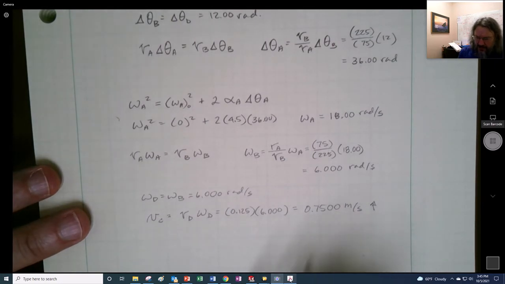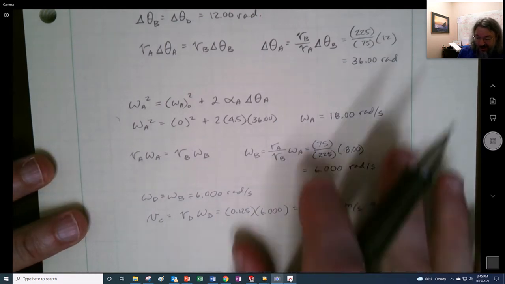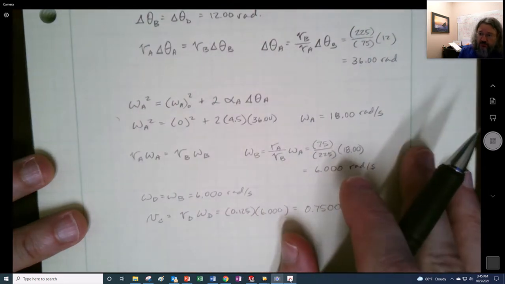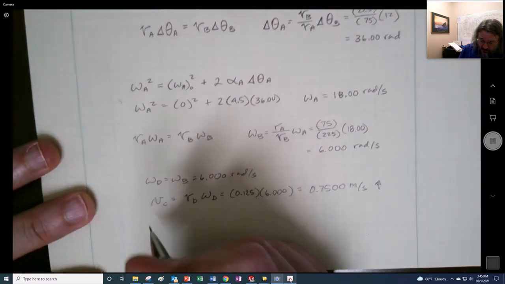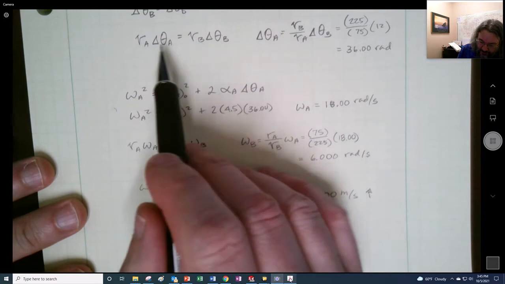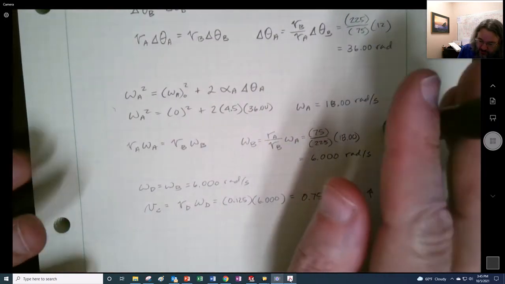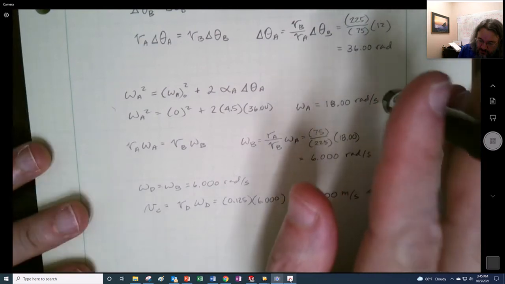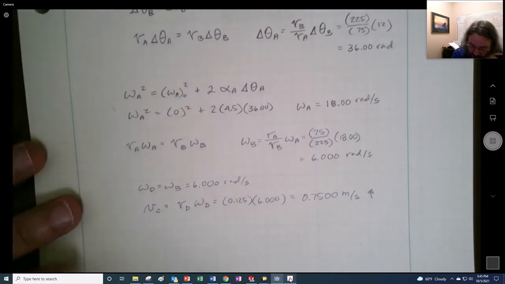Now we need the time. We could do this in any way that we want. We know that all the stuff right here is true for whatever time has taken place. I'm trying to see if there's an easy way to do this with numbers that we already have, so I don't have to go through this long drawn out process.